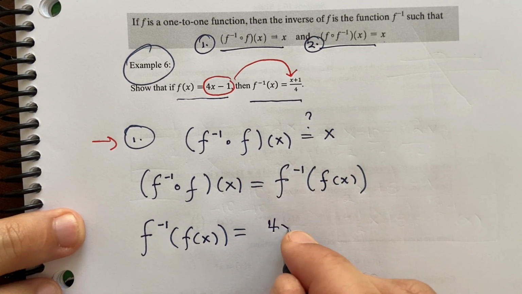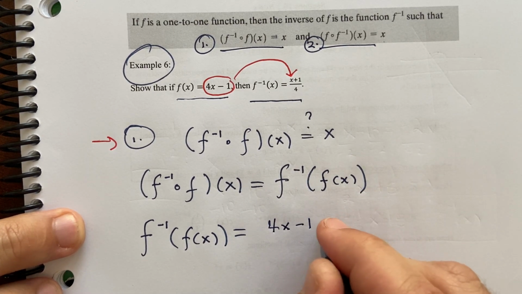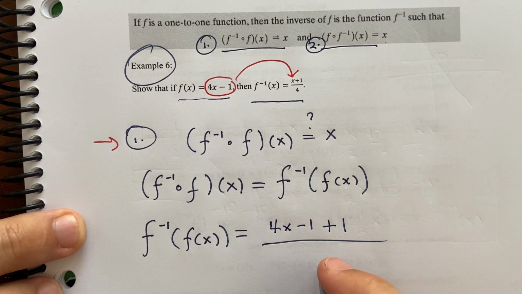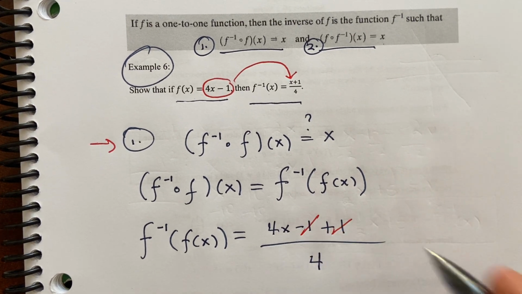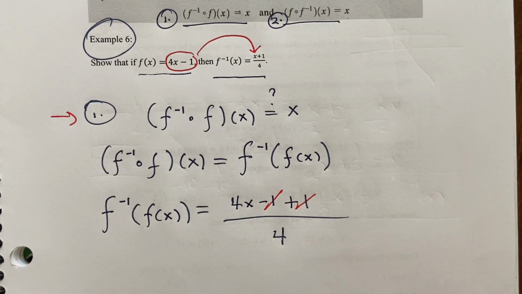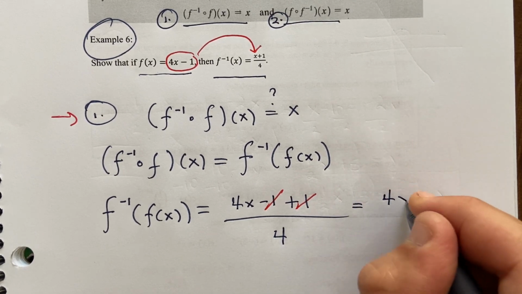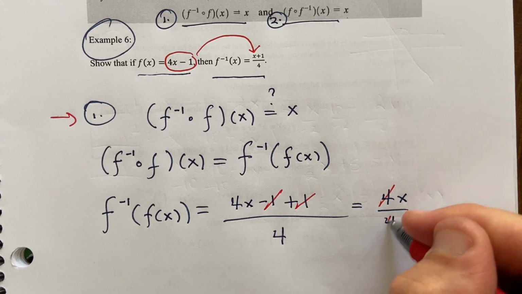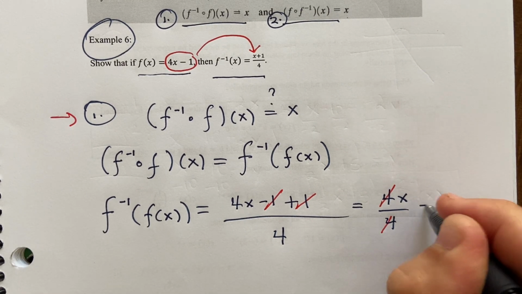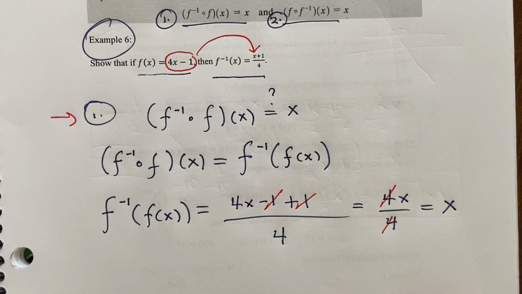So I'll have 4x minus 1 plus 1 over 4. So after I do that, the 1's cancel, and I have this is equal to 4x over 4. Now the 4's cancel, and this is equal to x. So that's good. That's the first part of the check.